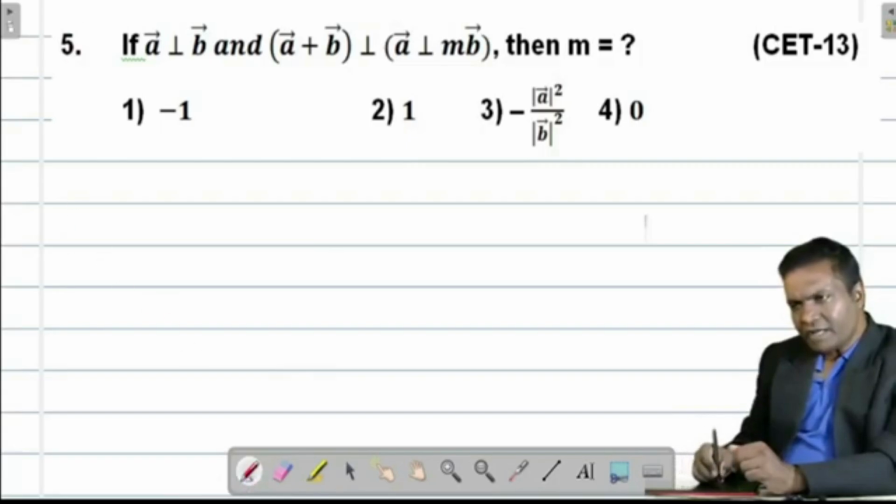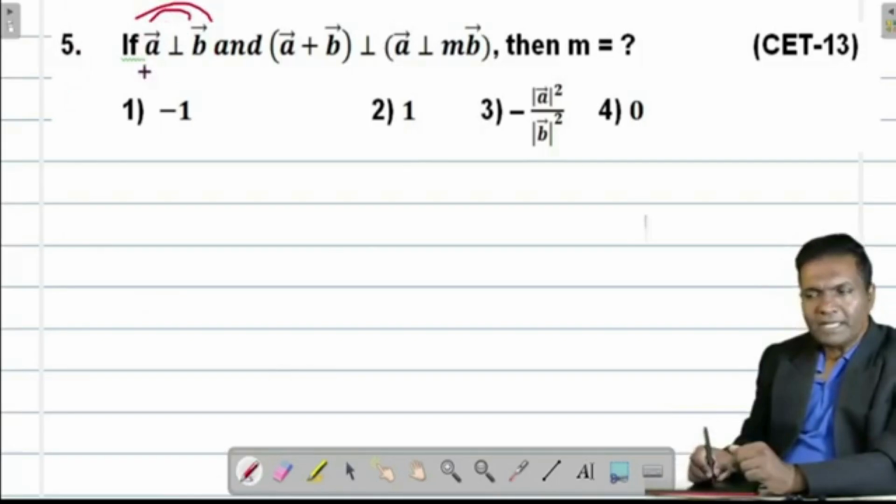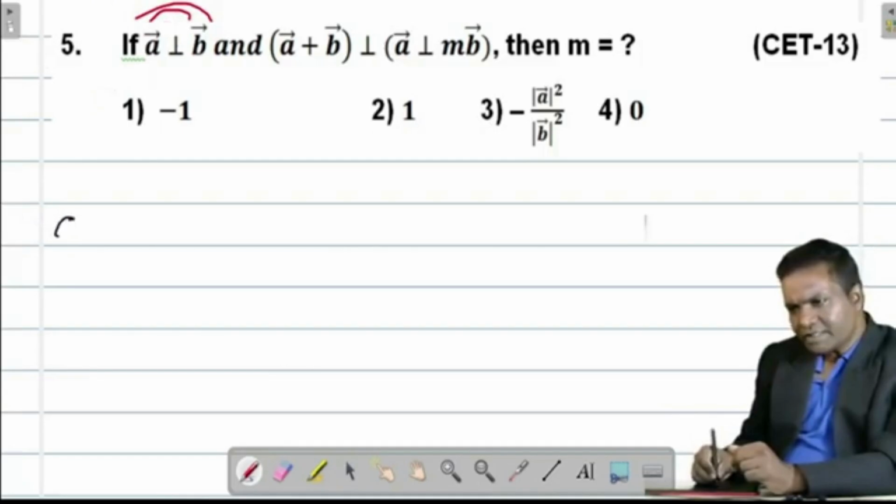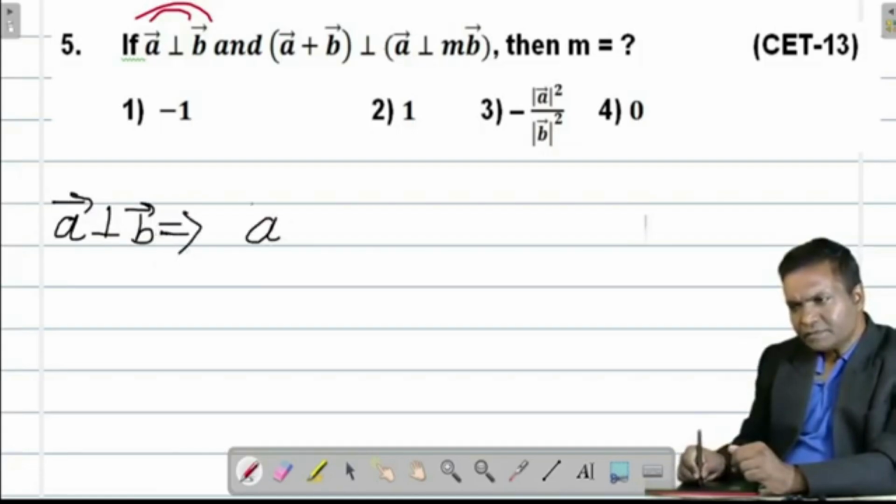See here, whenever two vectors are perpendicular, then the dot product is 0. Okay, so what is given? Vector A is perpendicular to vector B. So immediately you have to write their dot product is 0.